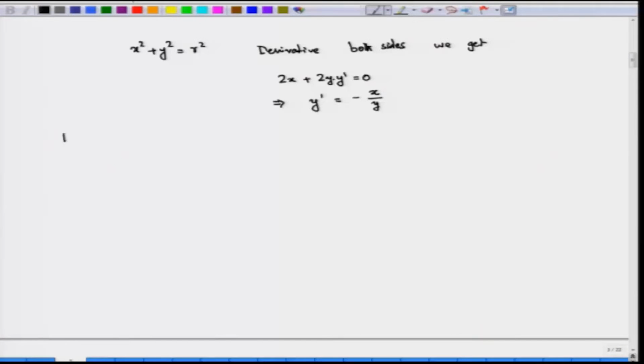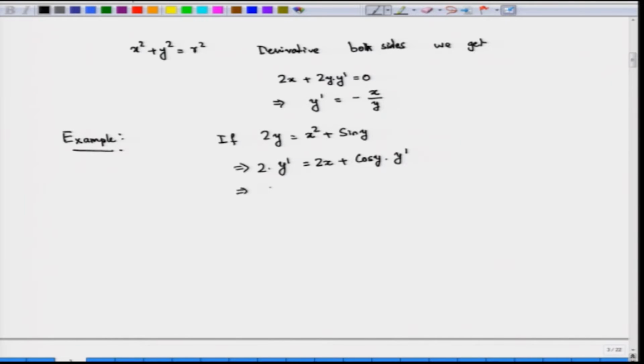For example, let us consider another example. Say 2y is equal to x square plus sin y. Now, we want to find the derivative, and as we can see, we cannot separate y, we cannot write y explicitly in terms of x. However, if we take the derivative on both sides, this implies 2 y prime is equal to 2x plus cos y into y prime.